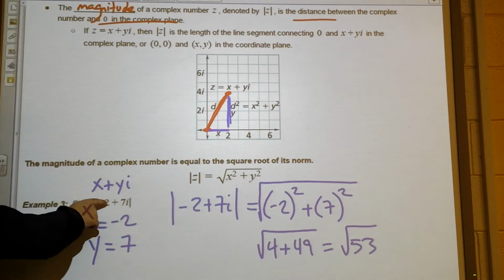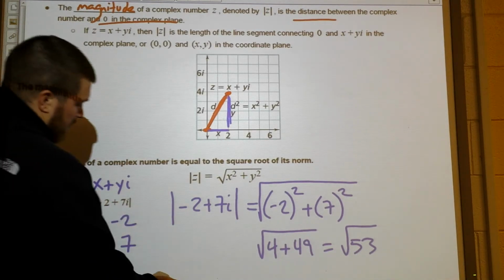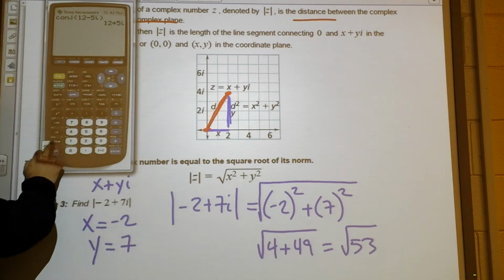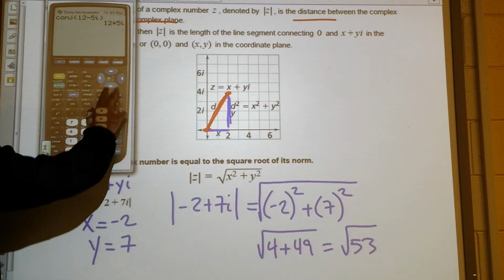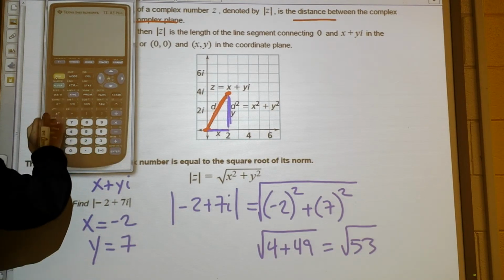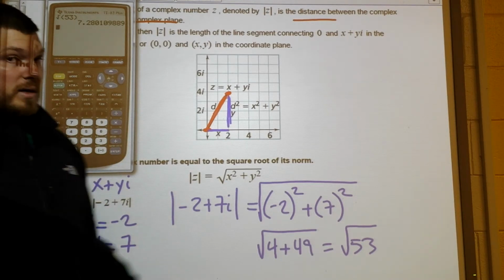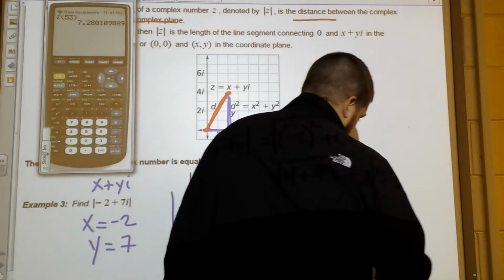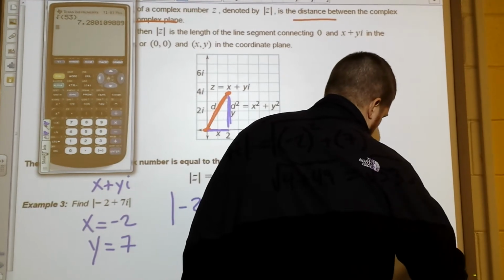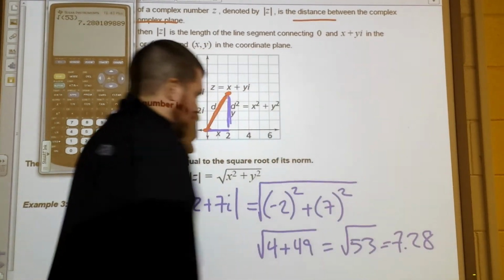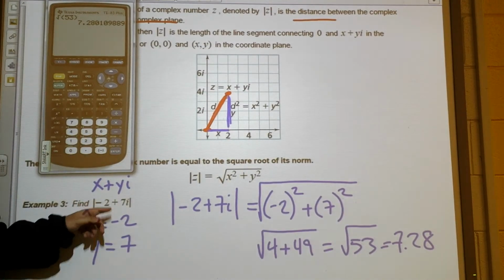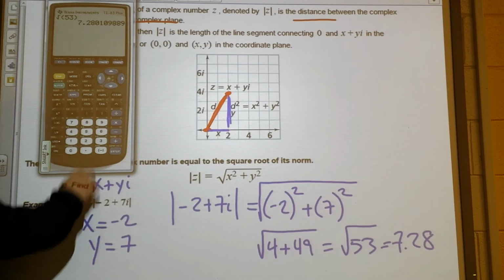But now I want to do the exact same problem on my calculator. First, let's turn the square root of 53 into a decimal, because that's going to come into play in just a minute. The square root of 53 is 7.28. Go ahead and write that in.